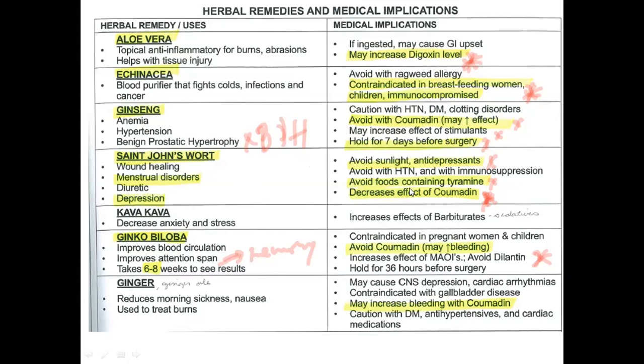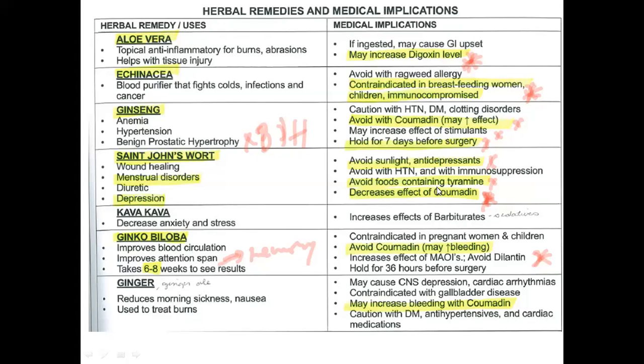Avoid the food containing the tyramine, right? So as I told you, ginseng, the St. John's wort also alter the function of coumadin.